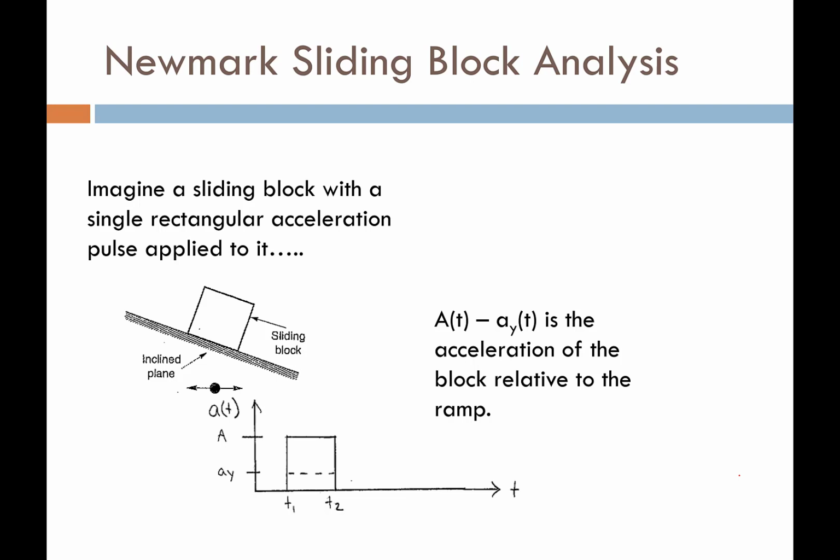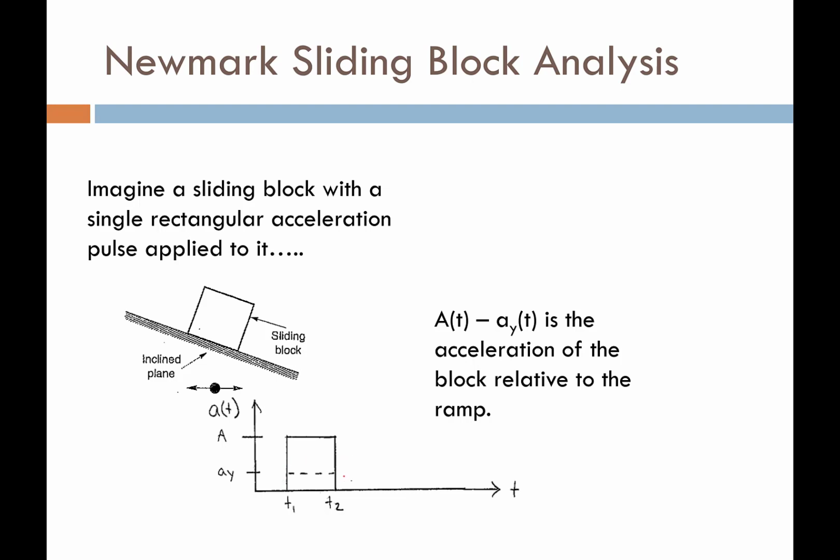Okay, so let's look at the math required to integrate these velocities and displacements. And let's just start with a very basic component. We're going to look at just a pulse acceleration. Okay, so this pulse acceleration goes from time 1 to time 2 as a constant value equal to large A. And let's say in this time period, the yield acceleration, A sub y, is equal to that value.